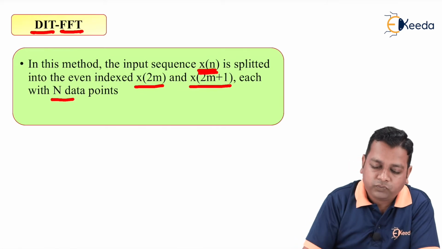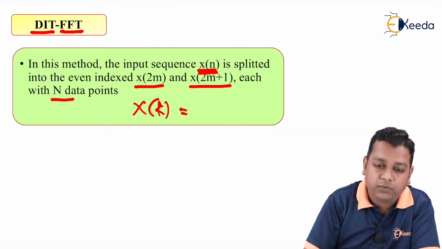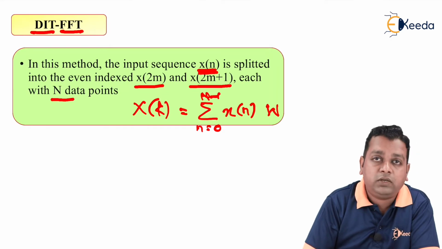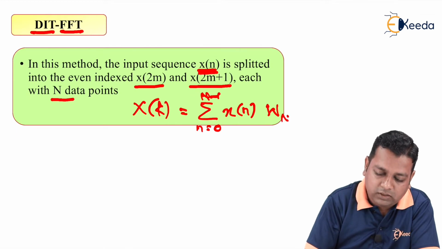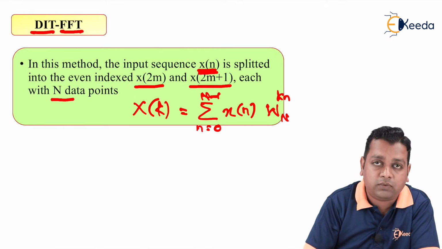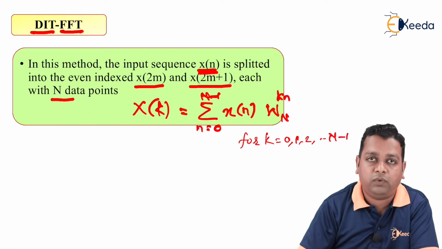In general, for computation of DFT, we represent X of k as the summation for n equal to 0 to capital N minus 1 of x of n multiplied by the twiddle factor W, with suffix capital N for N-point DFT, raised to the power kn. This is carried out for k from 0, 1, 2 up to capital N minus 1.